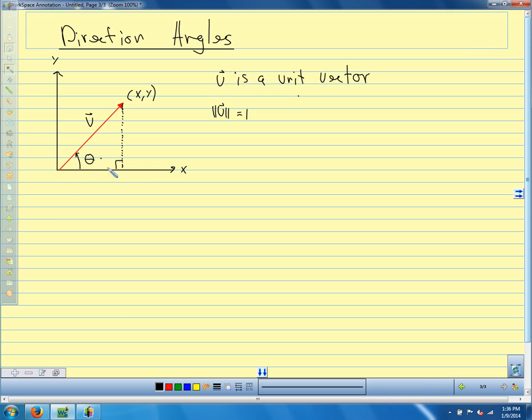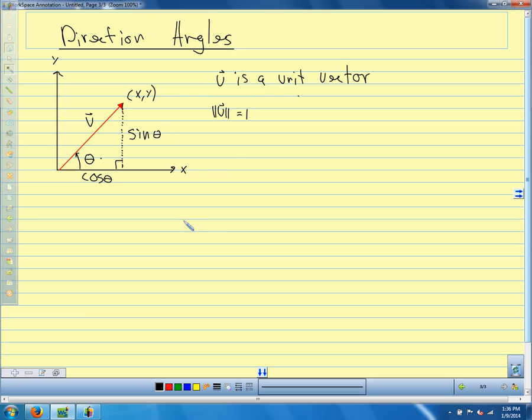How do we find this side of this triangle? Cosine theta, just like we did on the unit circle. Our hypotenuse is 1, our radius is 1, so this side of the triangle is cosine theta. And this side of the triangle would be what then? Sine theta.